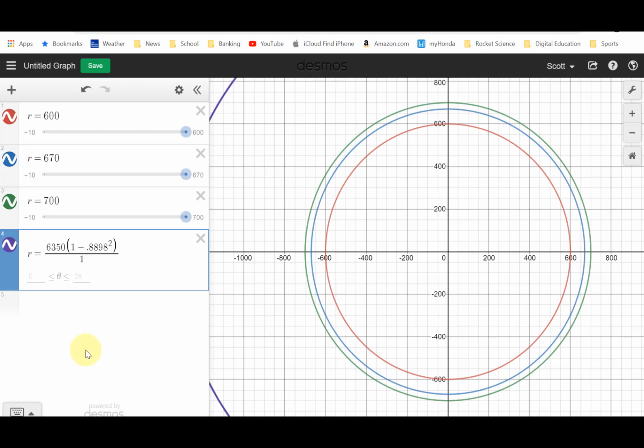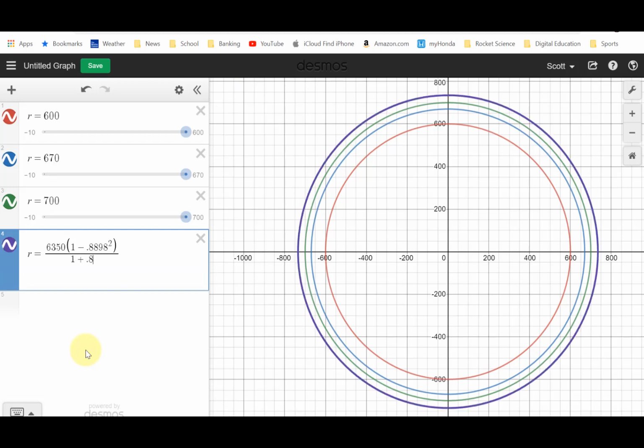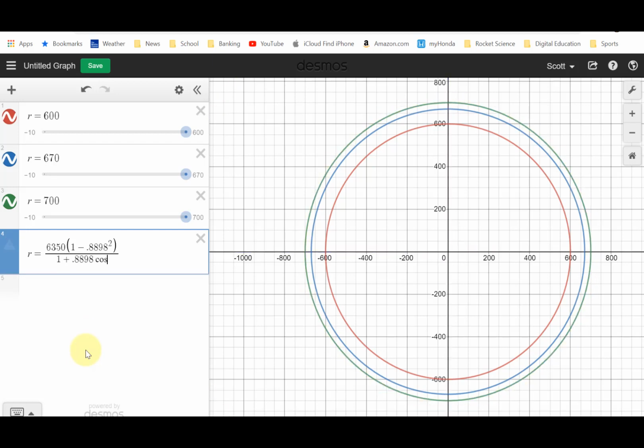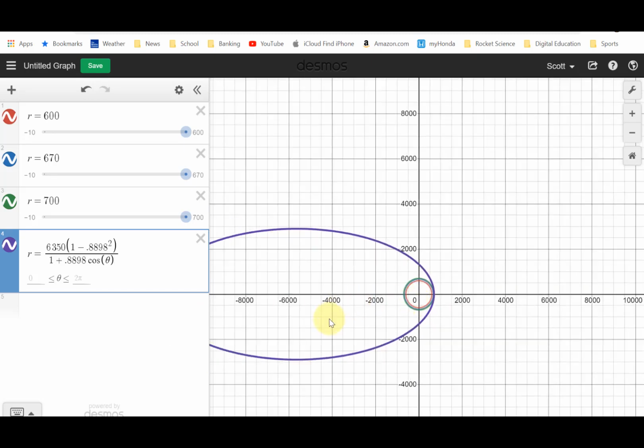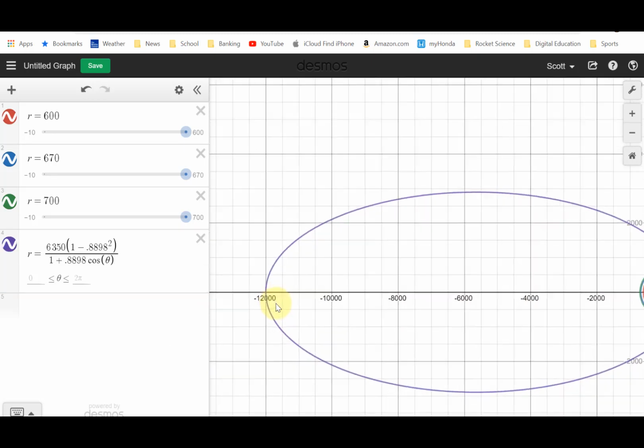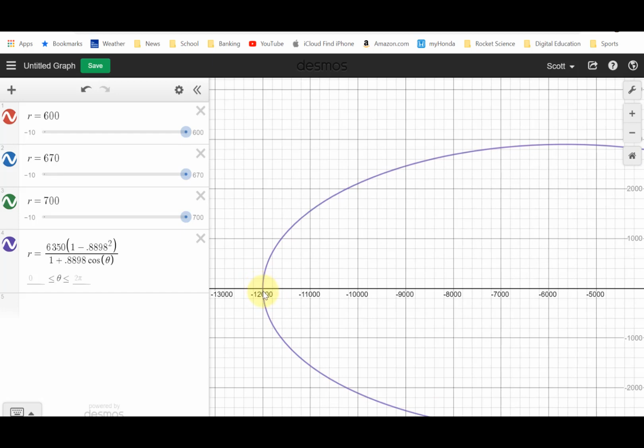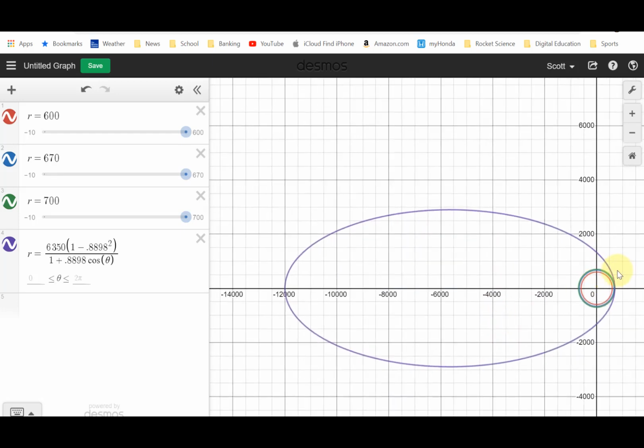Divide by 1 plus the eccentricity, cosine, and you could just type theta and it'll figure out what you mean. And so this purple curve is the transfer orbit reaching out exactly to an apoapsis at 12,000 kilometers from the center of the planet.